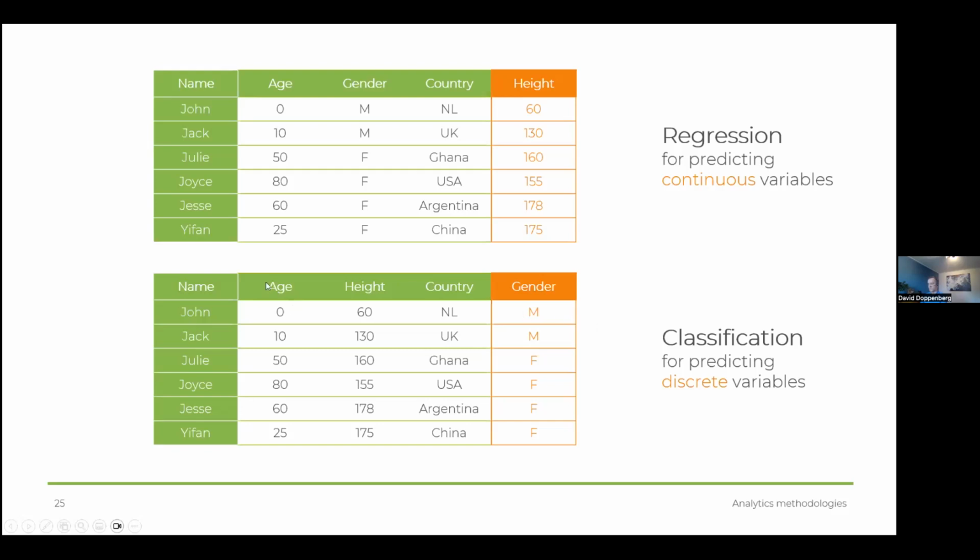So for classification, we will try to classify the gender based on age, height, and country. Although this example is typically not something you want to do in practice because it contains a lot of personal information.